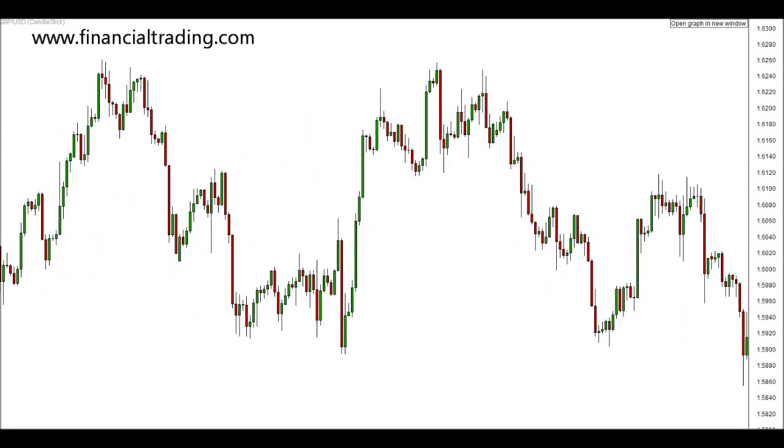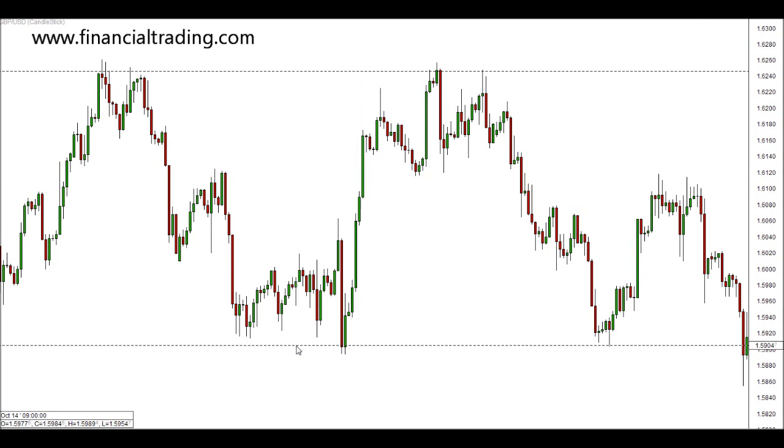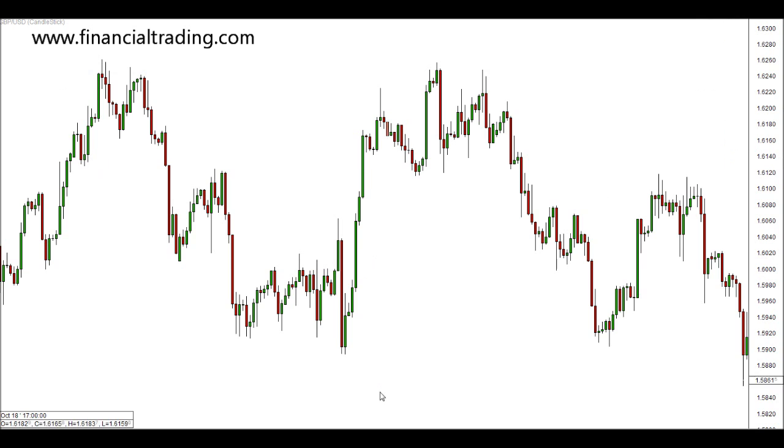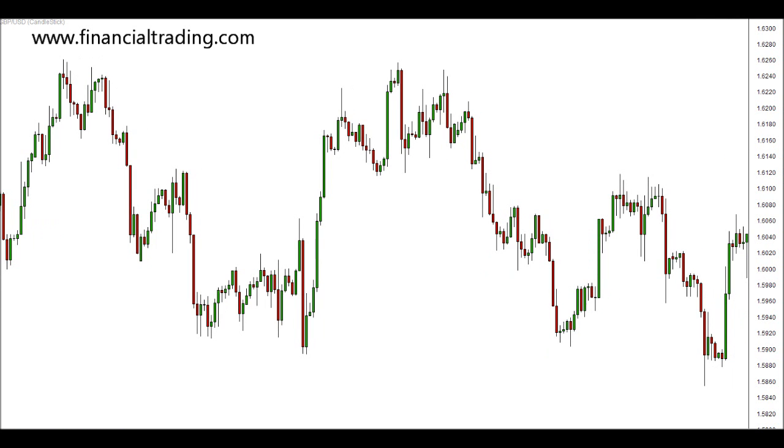So here's our range that you've seen in a number of these videos. Price is moving sideways. And it's in this range that we get our first triangle.